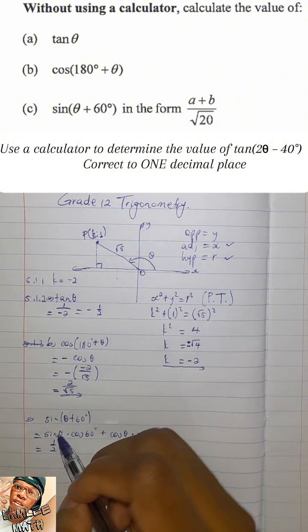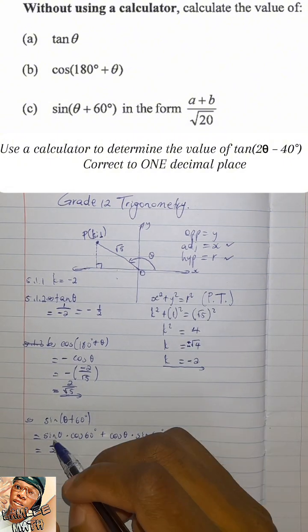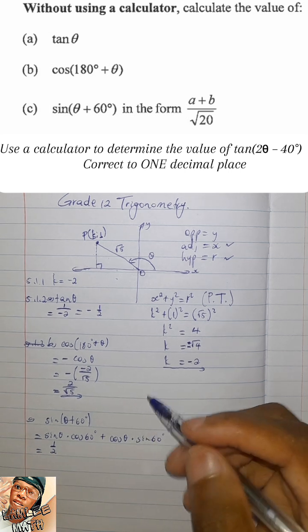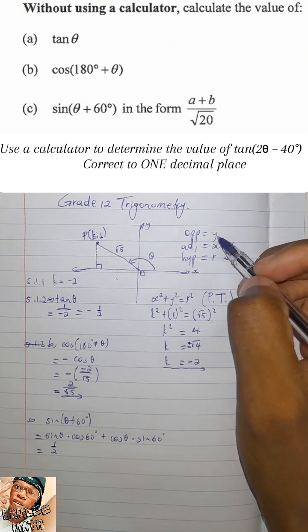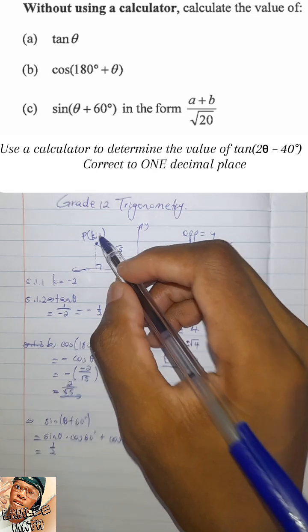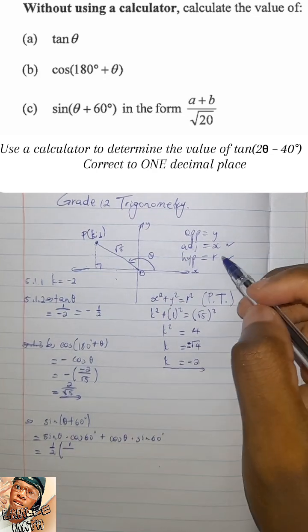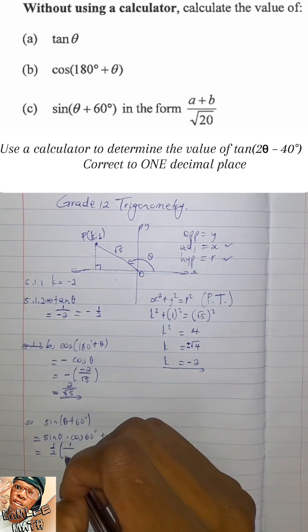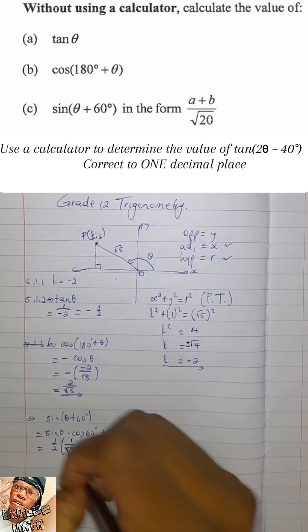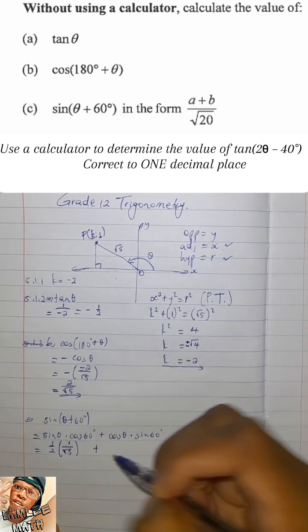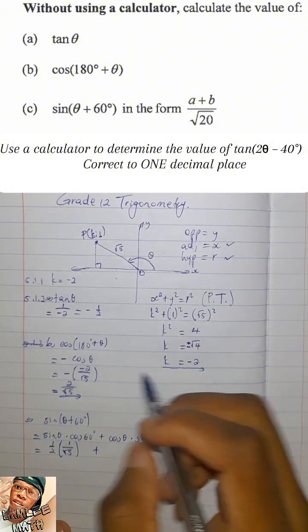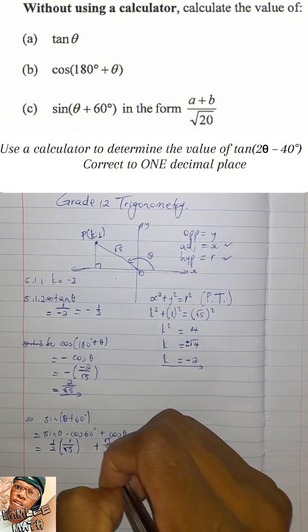Because this is in terms of theta, we just go back to our diagram here. Sine of an angle is equal to opposite over hypotenuse. Opposite is represented by y, and the value of y is 1. Hypotenuse is represented by r, and the value of r is √5. So it is 1 over √5. Plus sine 60, which is √3 over 2.